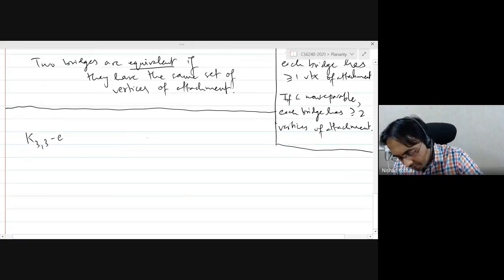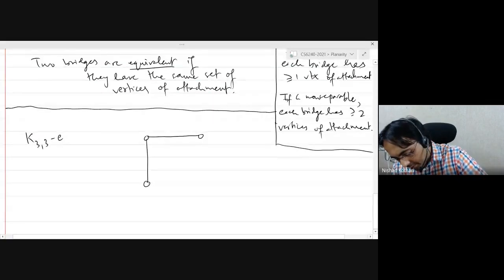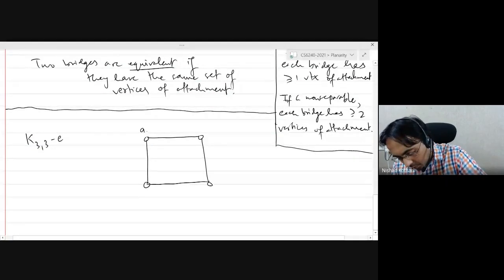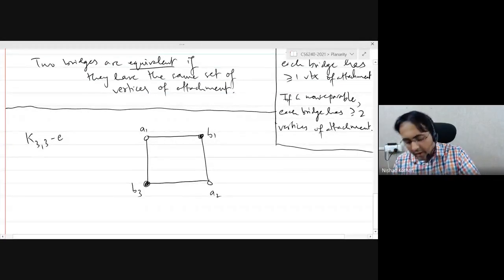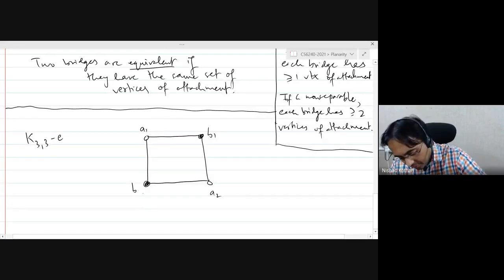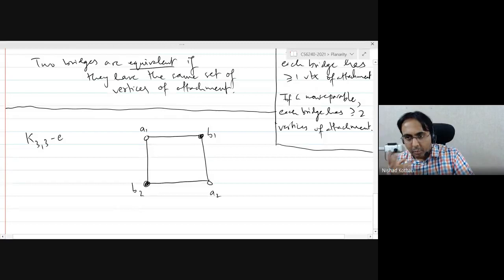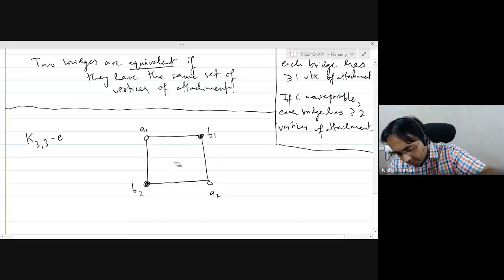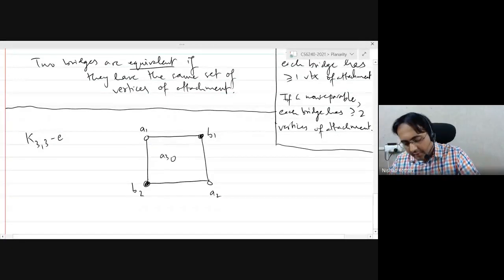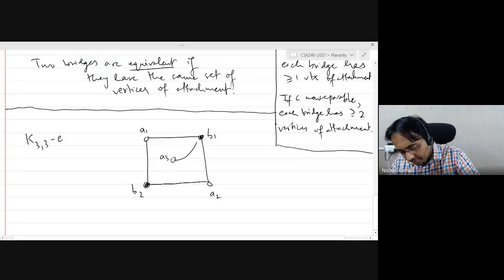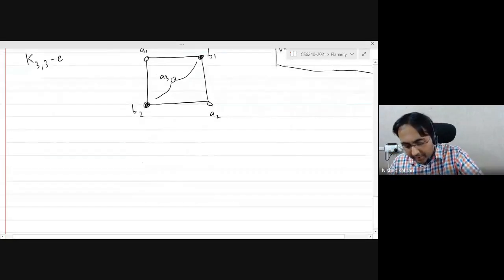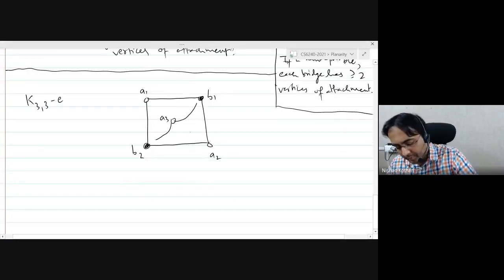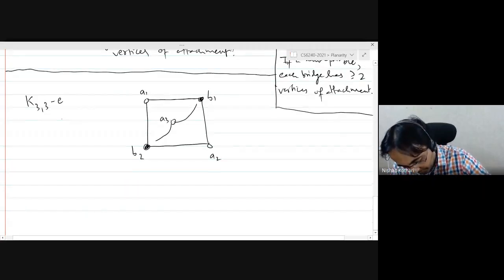Notice that you can put this as a cycle: A1, B1, A2, B2, and you have two more vertices, A3, which joins to B1 and B2, and now you have B3, which joins to A1 and A2. So the edge I have removed is A3, B3.